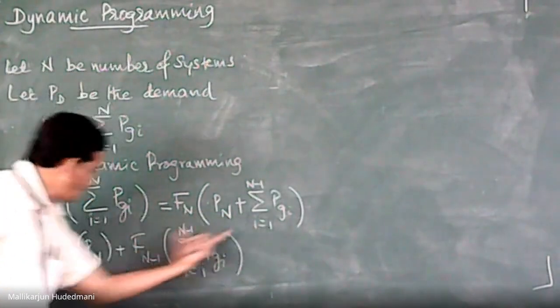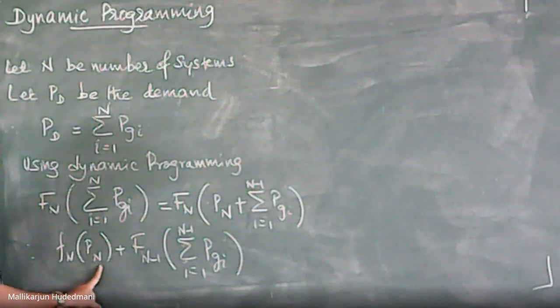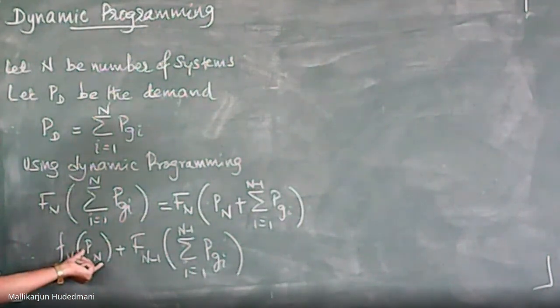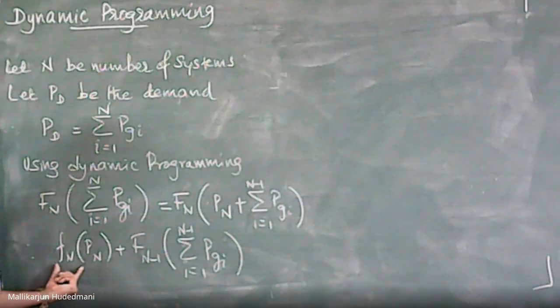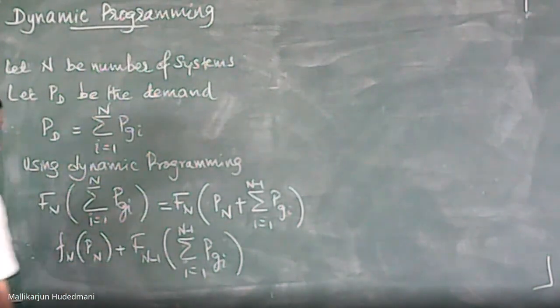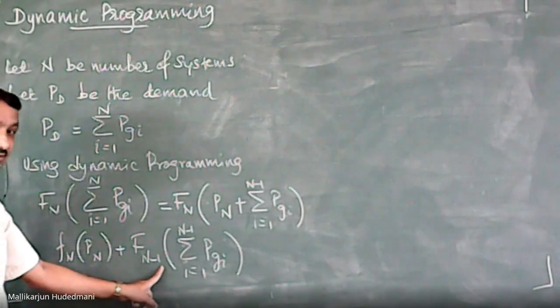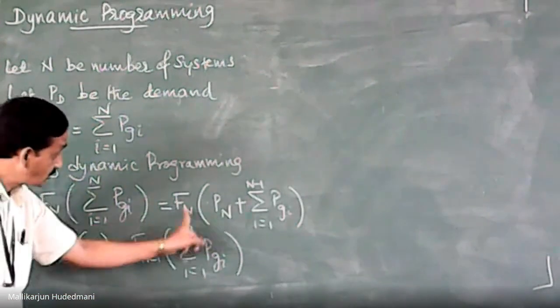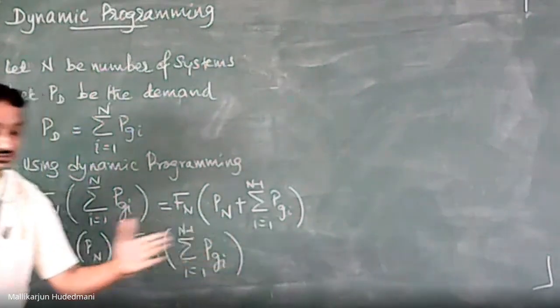Then this expression is written as lowercase Fn Pn, which means you produce Pn, nothing but the megawatt obtained from the nth machine, whose production cost you know, or it may be a best machine of your choice, plus Fn minus 1. The remaining n minus 1 machines in this calculation should be inside this string of summation.